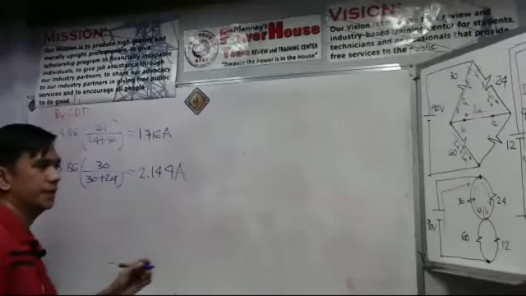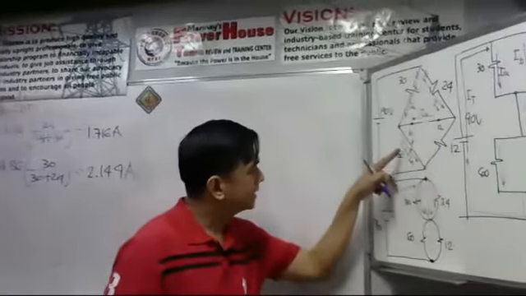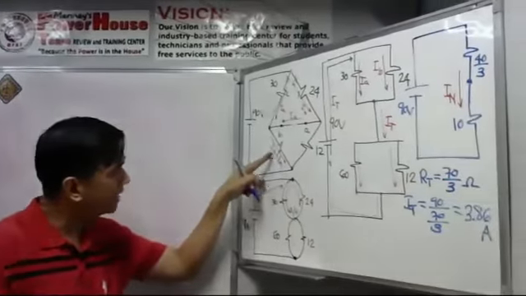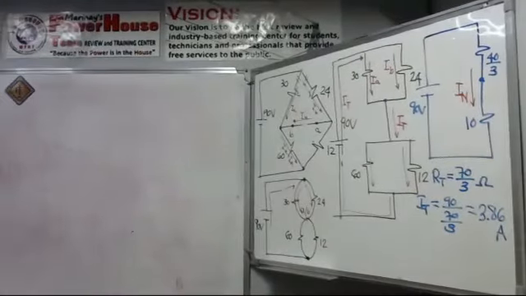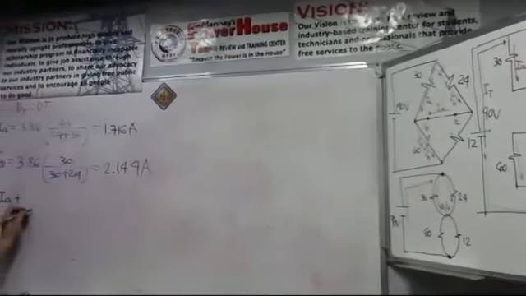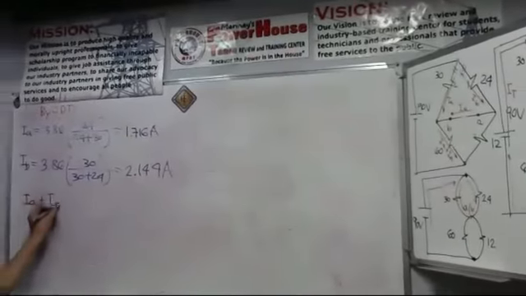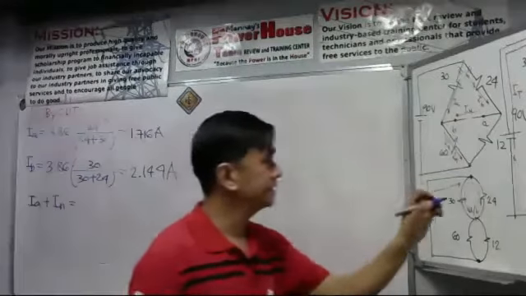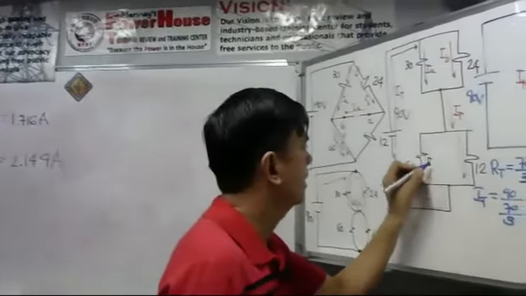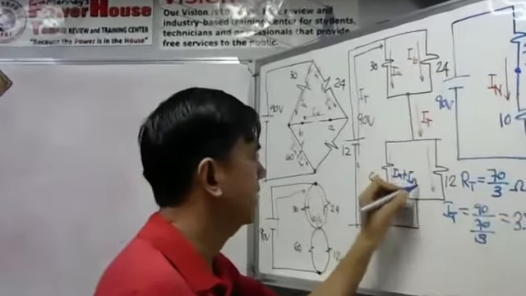The current in the 60 ohm resistor is our IA plus I sub N. So the current in the 60 ohm resistor is also our IA plus I sub N.